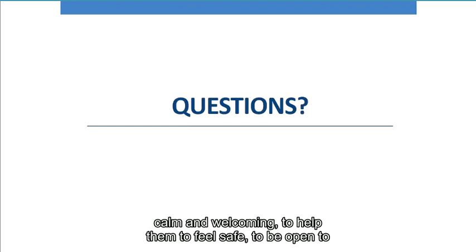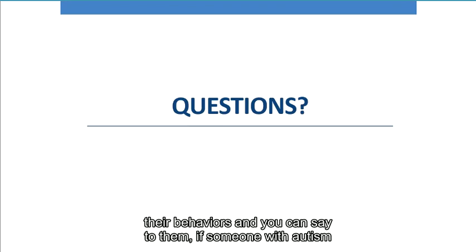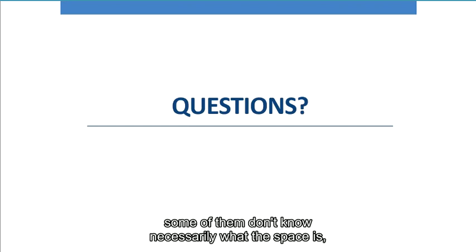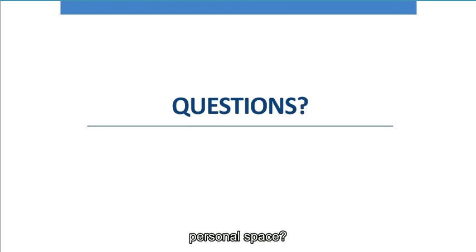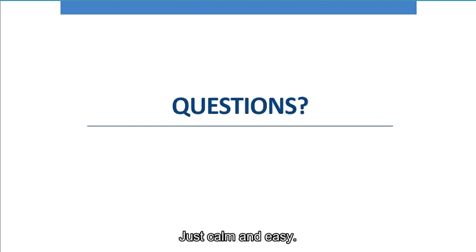If someone with autism comes up and stands too close to talk, because some of them don't know what the space is, you can say, excuse me, is it all right if we have a little more personal space? I'm going to take a step back so I have a little more space. Just calm and easy.